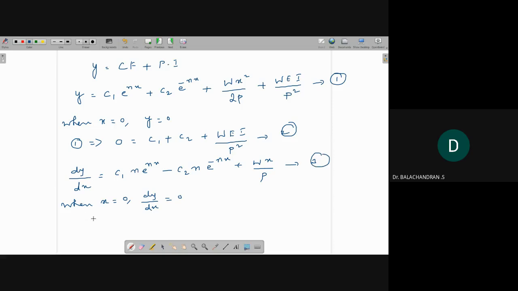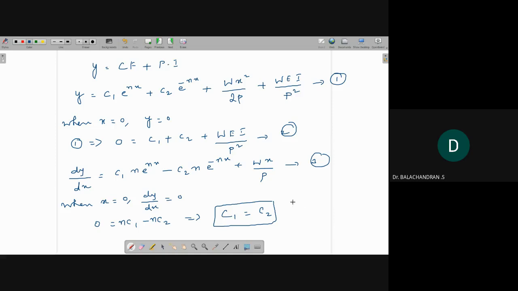Apply the condition here: 0 equal to nC1 minus nC2. This is 0. Okay, this implies n, n gets cancelled. C1 equal to C2. So you got C1 equal to C2.